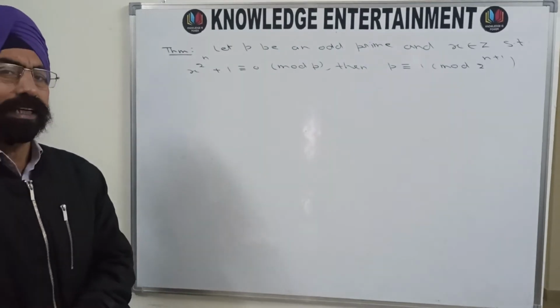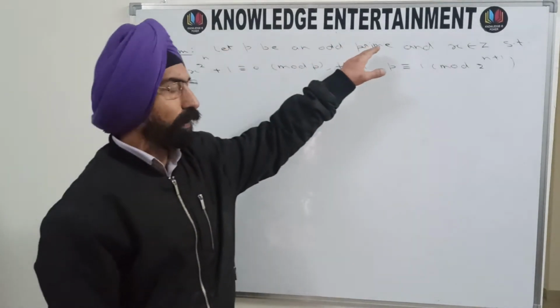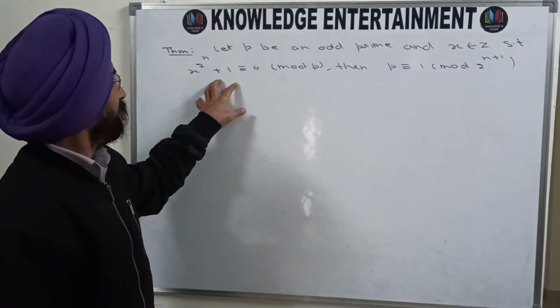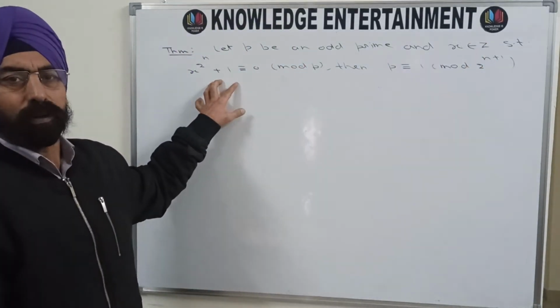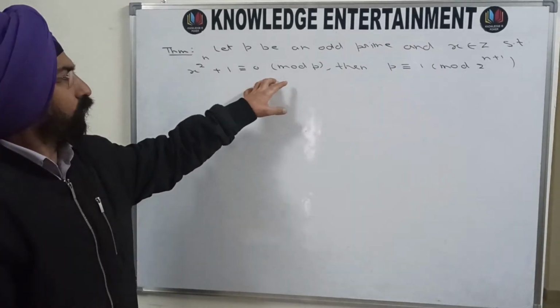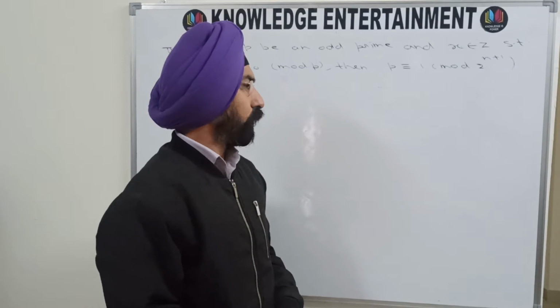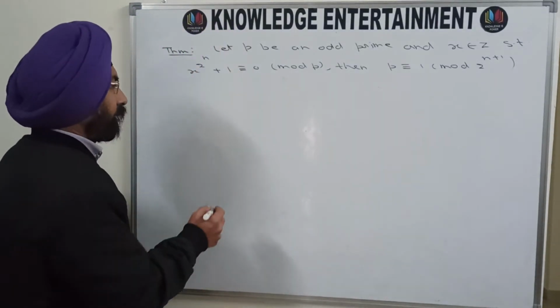This is the statement of the theorem. We are given that p is an odd prime. We are also given that x is an integer satisfying x^(2^n) plus 1 is congruent to 0 modulo p, and then we have to show that p is congruent to 1 modulo 2^(n+1).